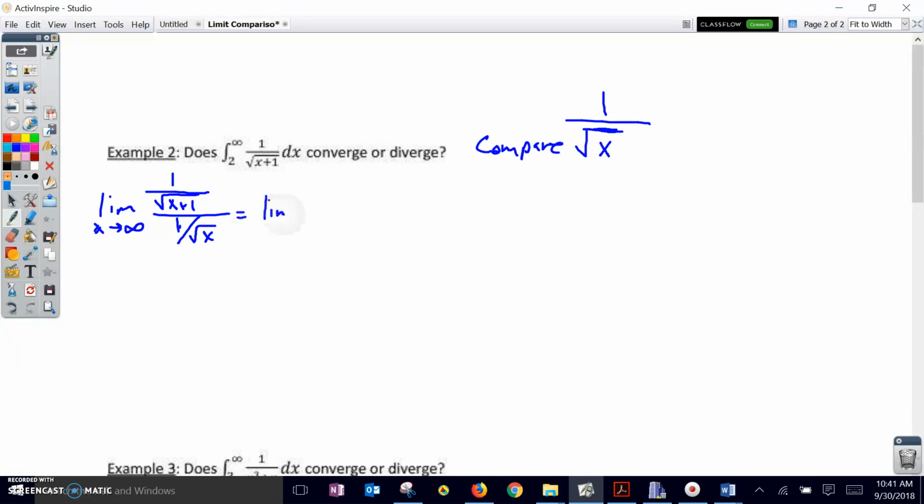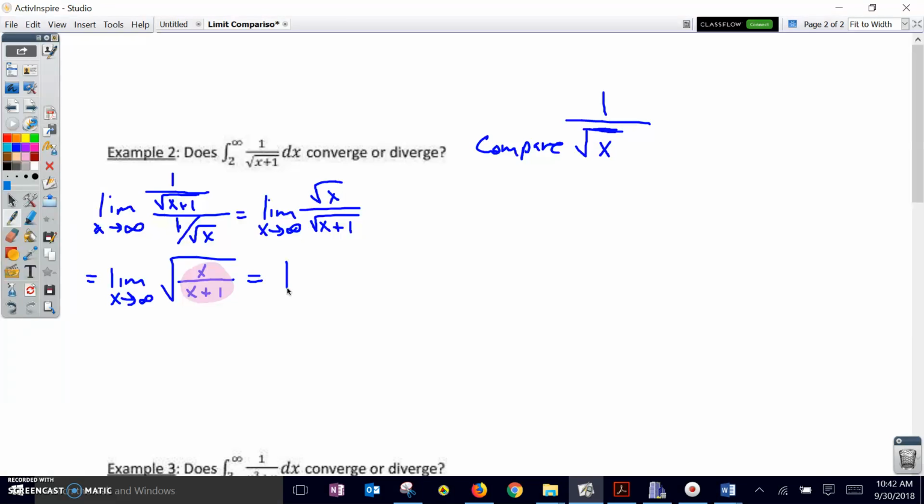It's equal to the limit as x goes to infinity of square root of x over the square root of x plus 1, which is the limit as x goes to infinity of the square root of x over x plus 1. And since what's inside that square root approaches 1, the actual limit equals 1.